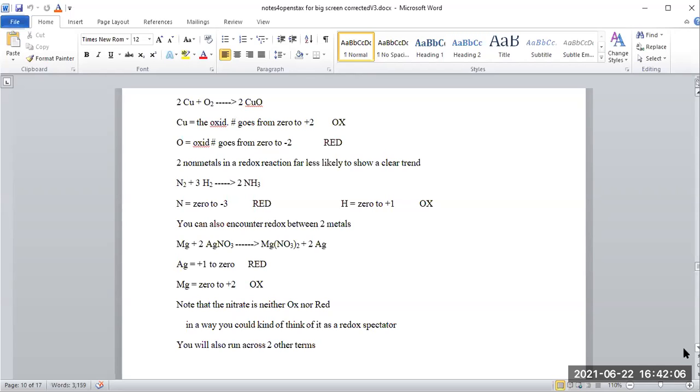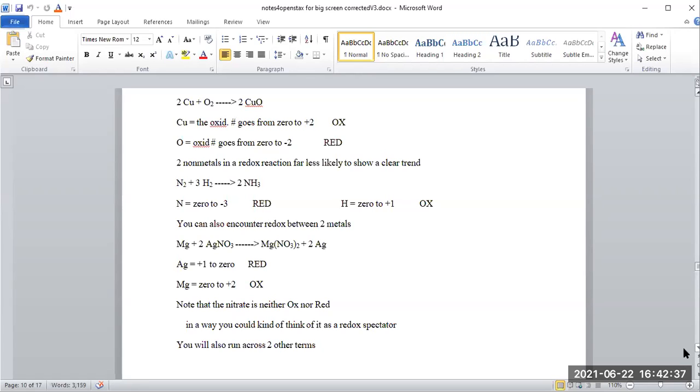So if we read in the direction of the arrow, my nitrogen started out life as 0 and went down to a -3. So it is reduced. My hydrogen started out at 0, but it went up to +1. So it is oxidized. One of the things you should be beginning to grasp here is everything is paired.